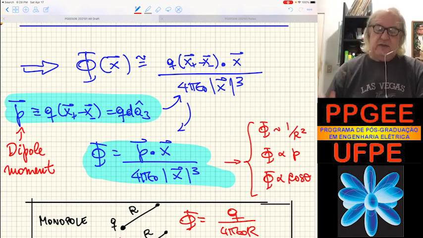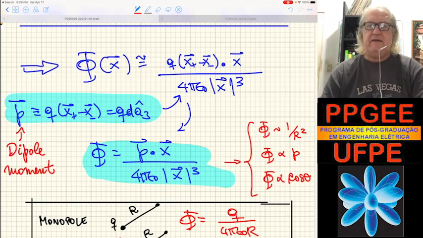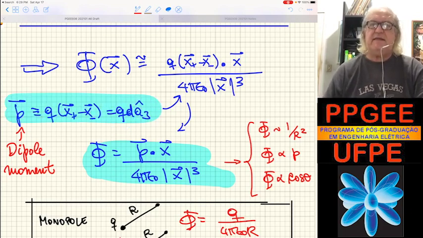So it means that how high the effect is depends on this product, essentially qd, right? And the effect also has some directional dependence.